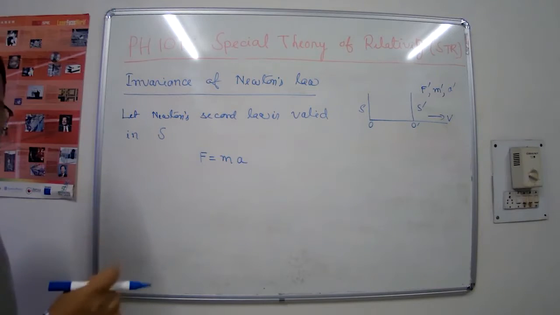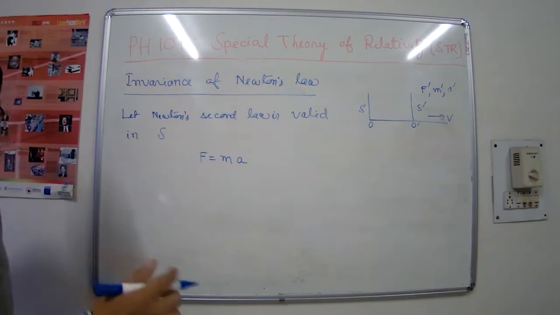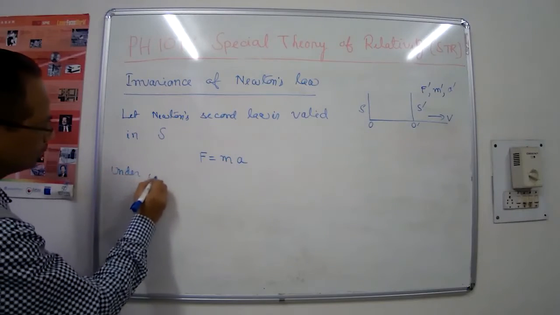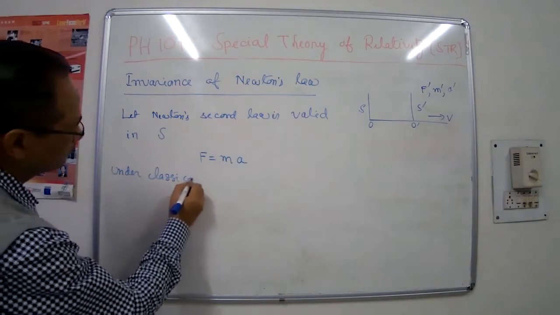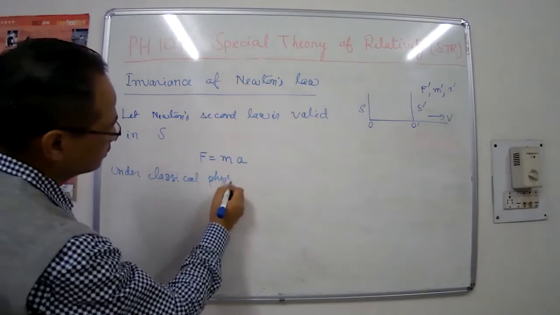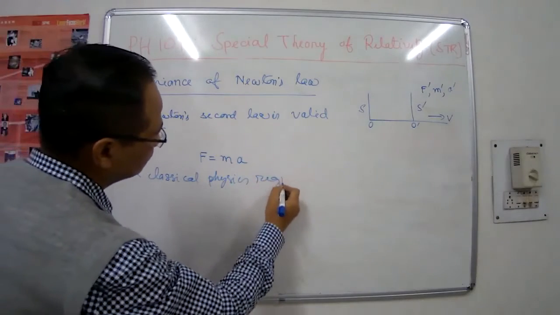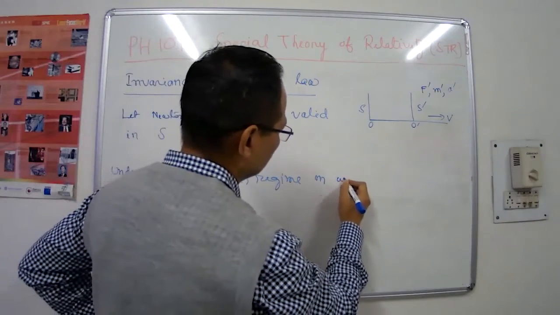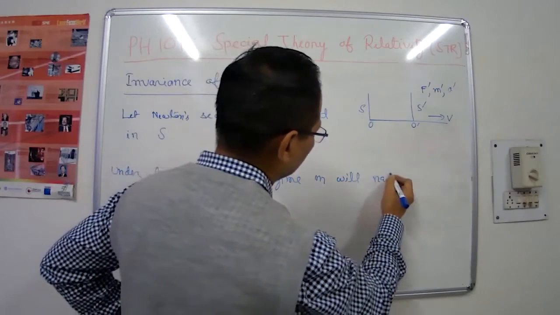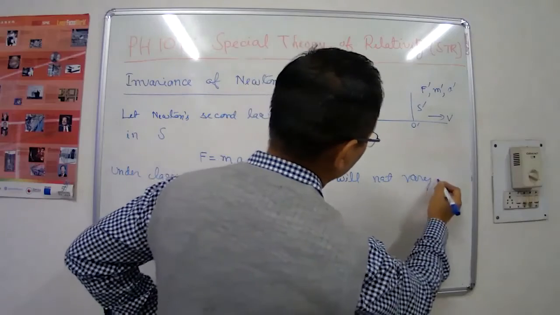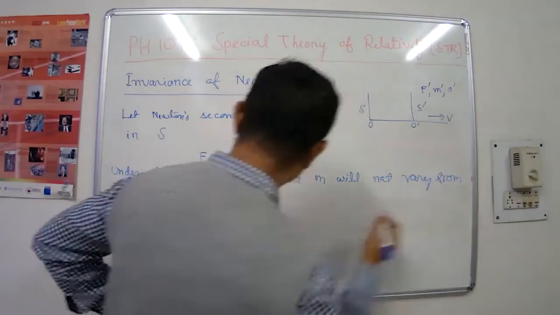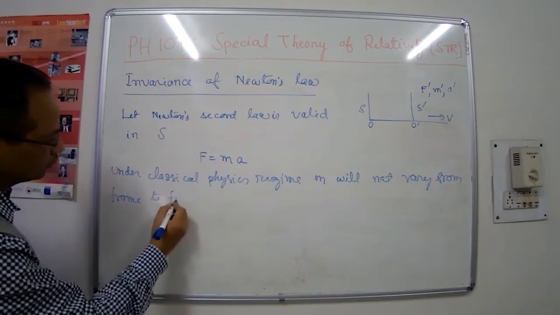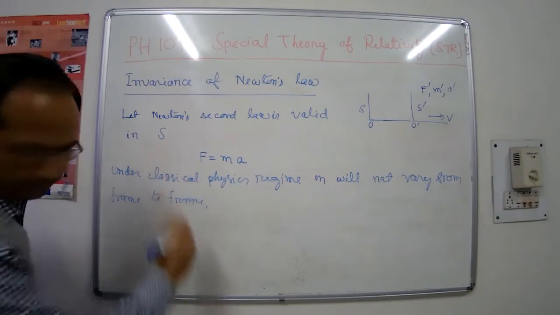the mass of a body will not change from frame to frame. So under classical physics regime, m will not vary from frame to frame.